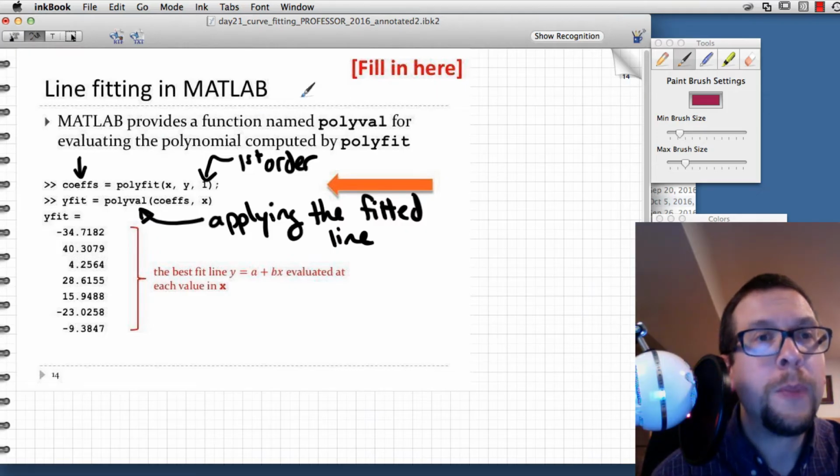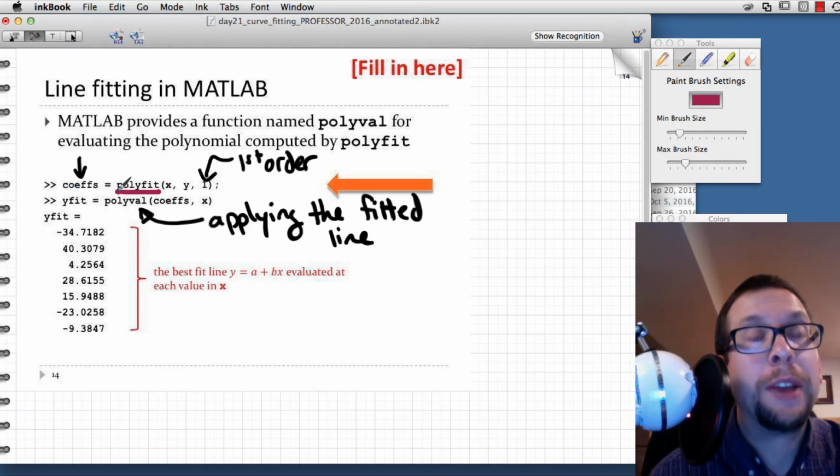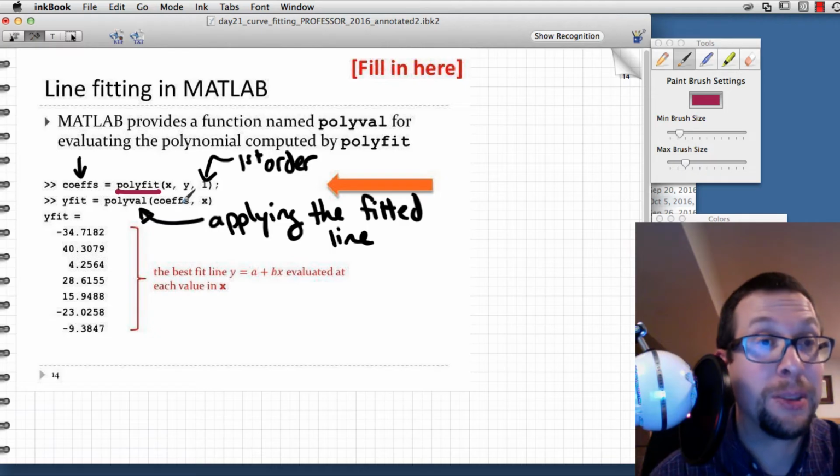Next, MATLAB provides not only this polyfit equation that allows you to get the coefficients, and here we're going to output the coefficients to a variable called coefs, and you can then take that coefficients variable, so it's basically in this case a pair of numbers, and we can feed it into another function called polyval.